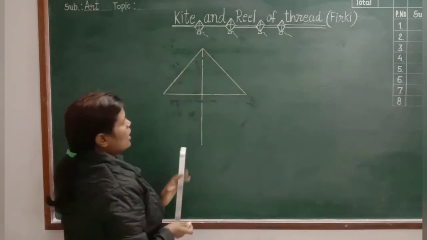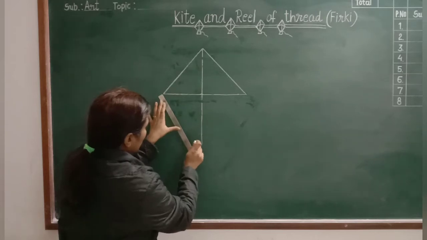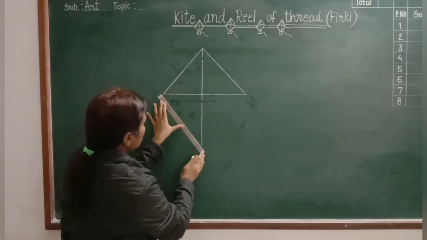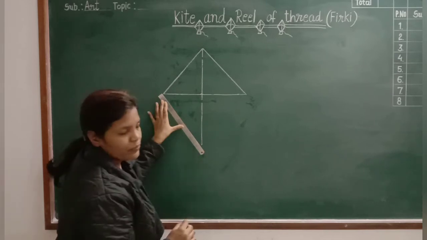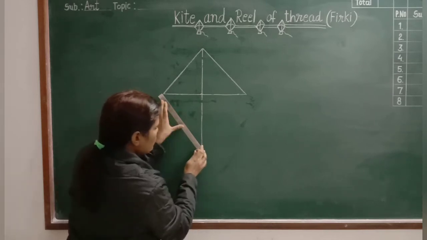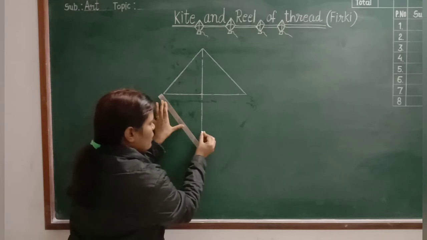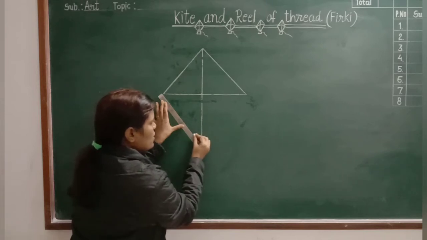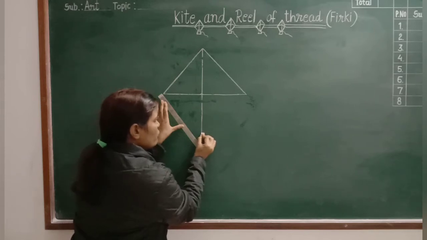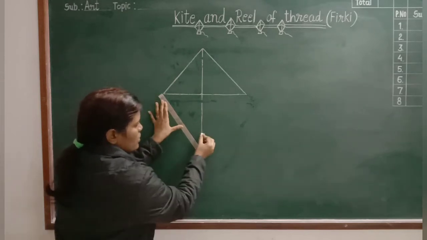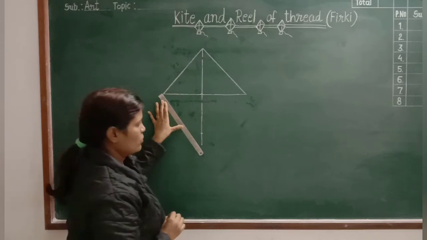okay. Now this side also in the same way, slanting line, but we will not draw till here, we will draw till here, because from this point you have to draw one triangle shape, okay.